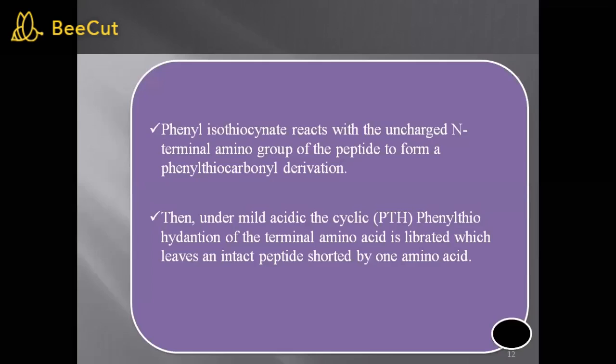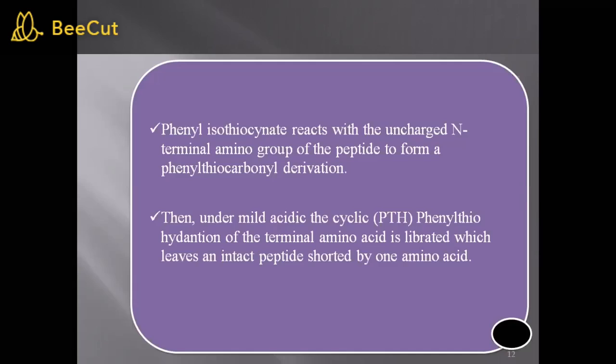Then this phenyl isothiocyanate reacts with the uncharged N-terminal amino group of the peptide to form a phenyl thiocarbonyl derivative. So the PTC derivative peptide will form due to the reaction of PTC with the N-terminal amino group. Then under mild acidic conditions, the cyclic PTH, phenyl thiohydantoin, of the terminal amino acid is liberated, which leaves an intact peptide that is shortened by one amino acid.